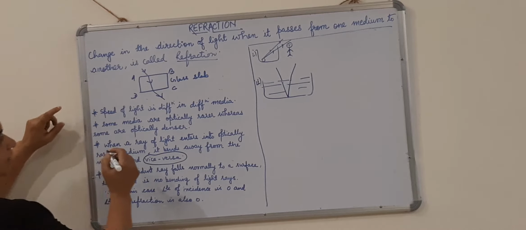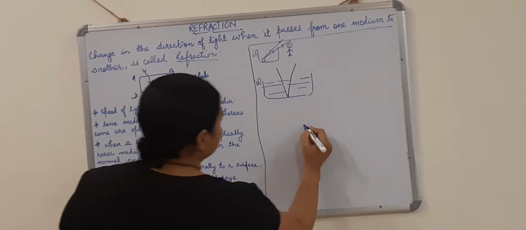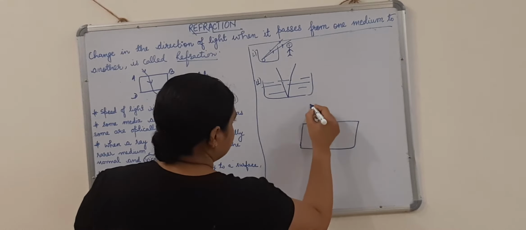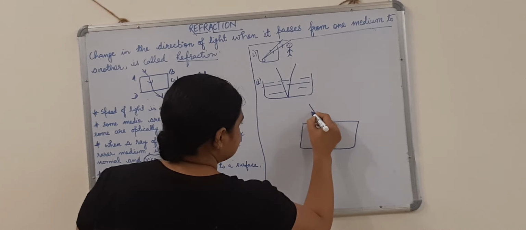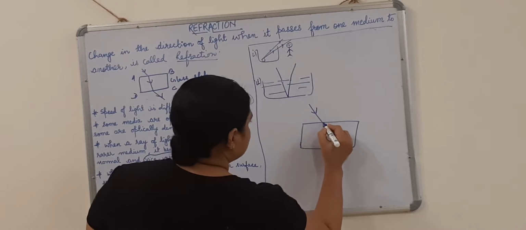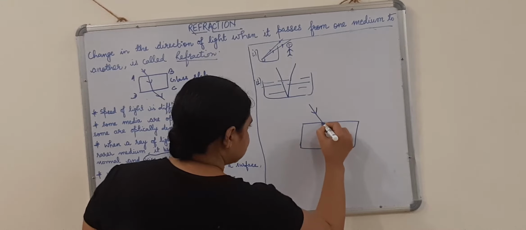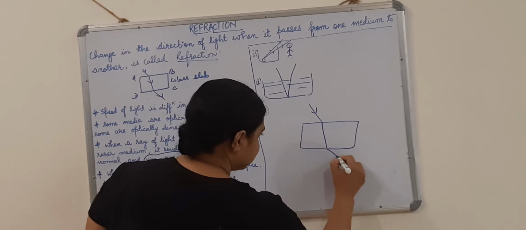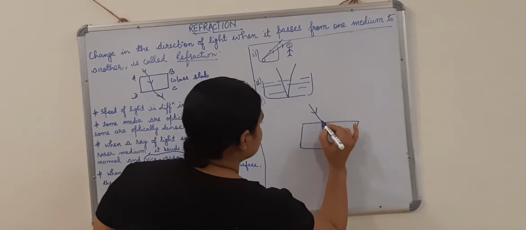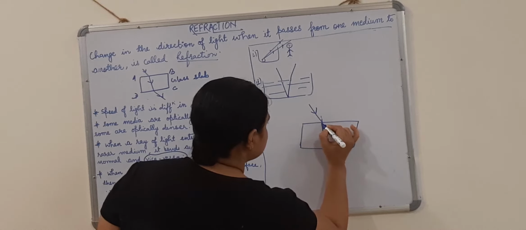See, I'll draw the diagram here again. This is our glass slab. Light is incident like this, entering from air into glass. Now it has gone like this. Now I will draw the normal. The normal is perpendicular, or you can say a 90-degree angle.